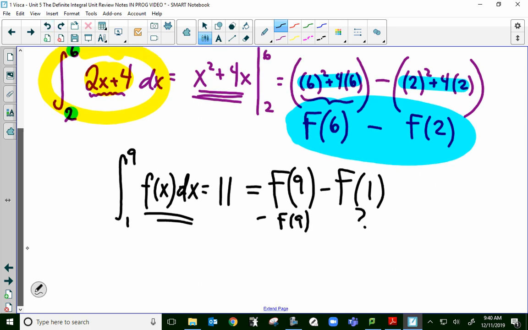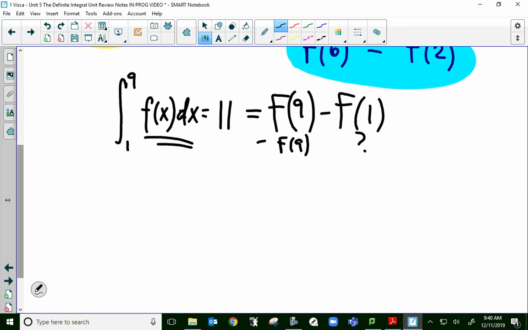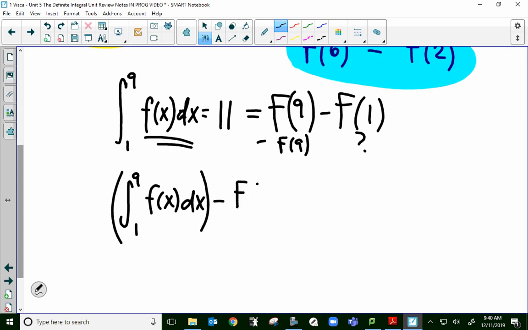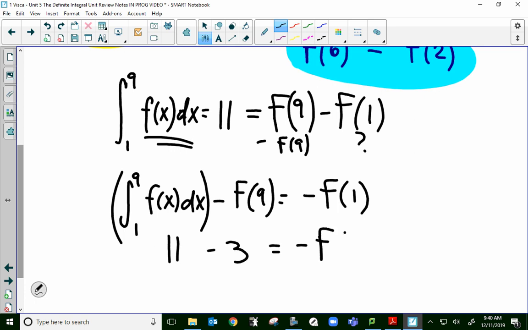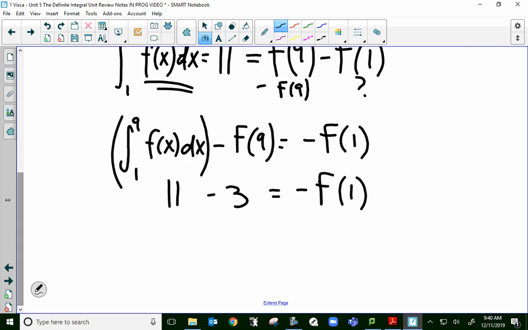So now I have the integration from 1 to 9 of f of x dx minus F of 9 equals negative F of 1. So this was 11 minus 3 equals the negation of F of 1. So 8 equals the negation of F of 1, and if I negate both sides, F of 1 is negative 8.